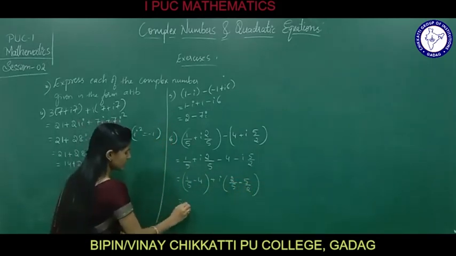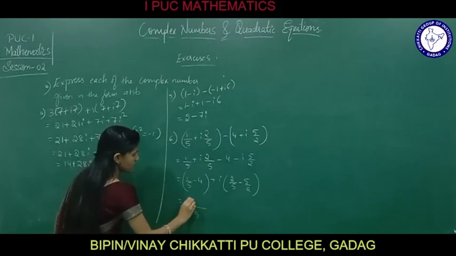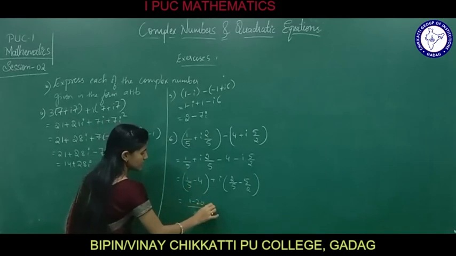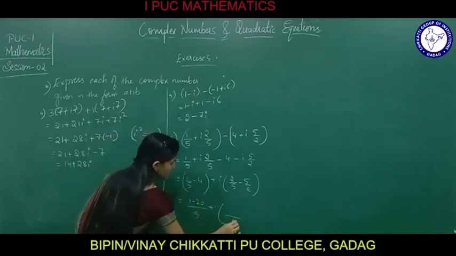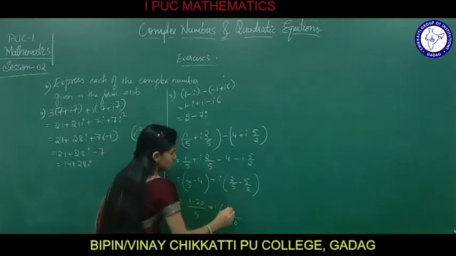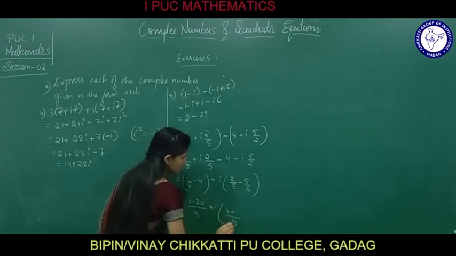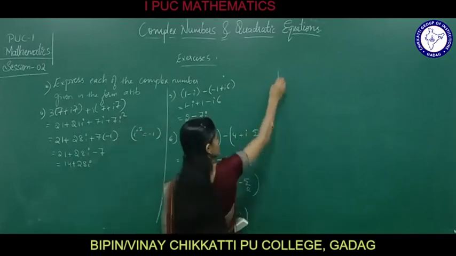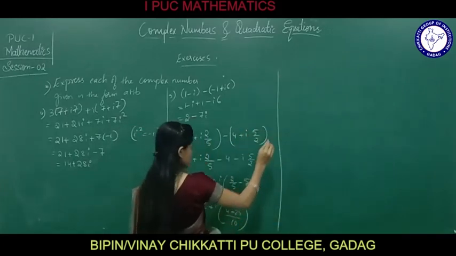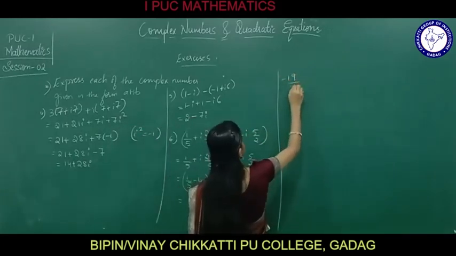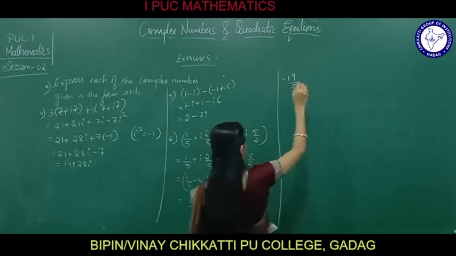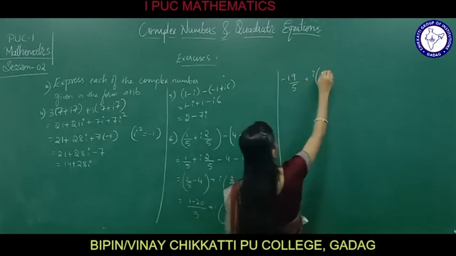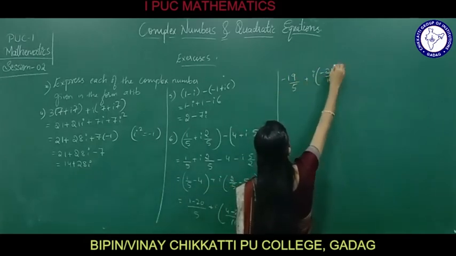So we are going to get 5. 1 minus LCM, 5 4s are 20, plus i into we have 10, 4 minus 25. We are going to get that as what? We get it as minus 19 by 5 plus i into minus 21 by 10.